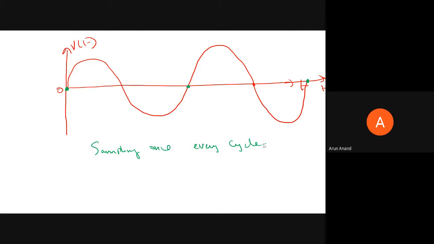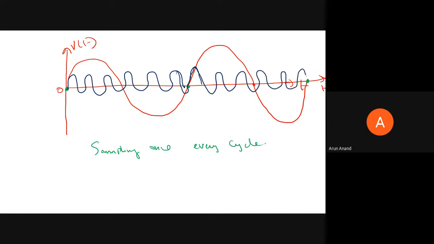Correct? Let me draw a curve. This one basically comprises all these points, right? So this can be a solution for the sampling.